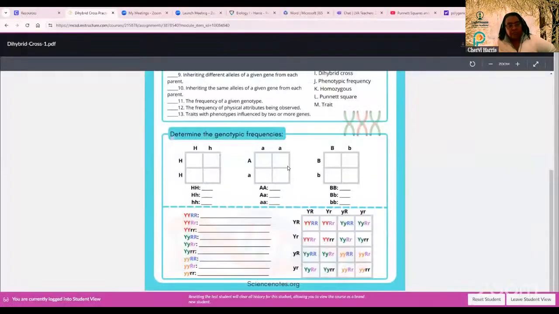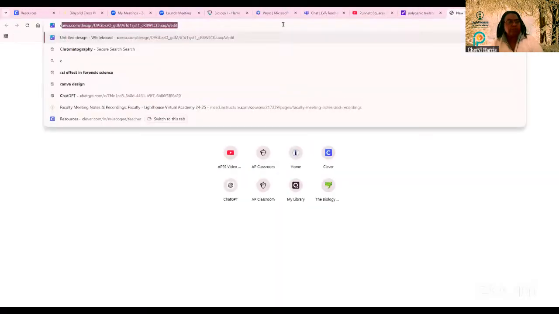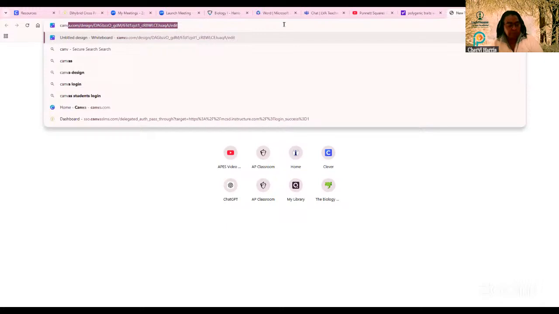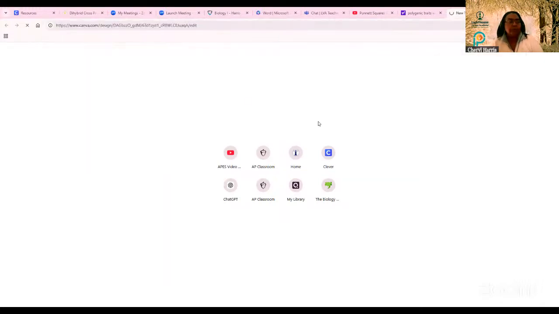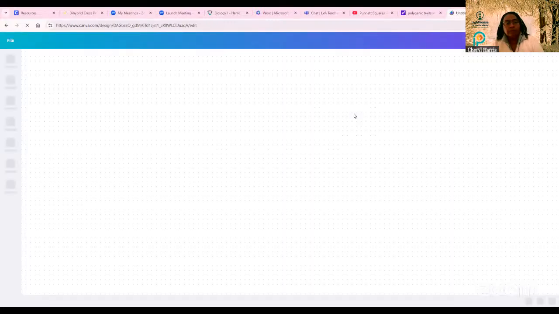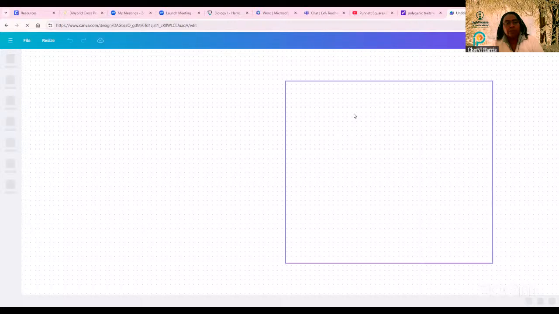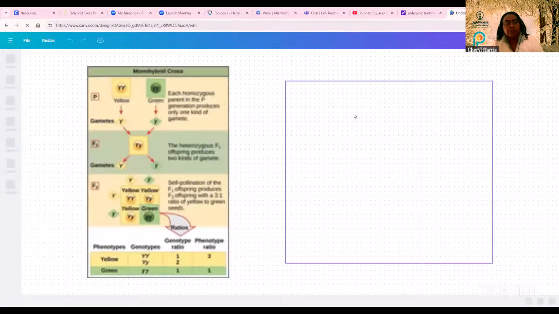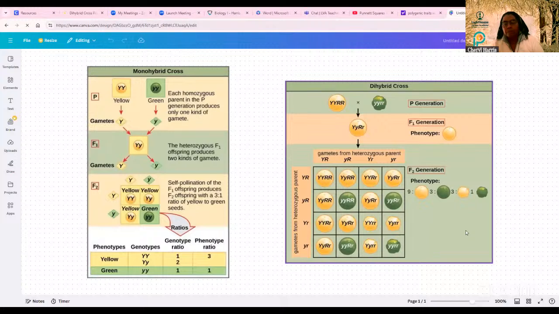And that's the neat part about this. Actually, let me show you the Canva page again that I had. Okay, this is the same thing as the box that you're working on.